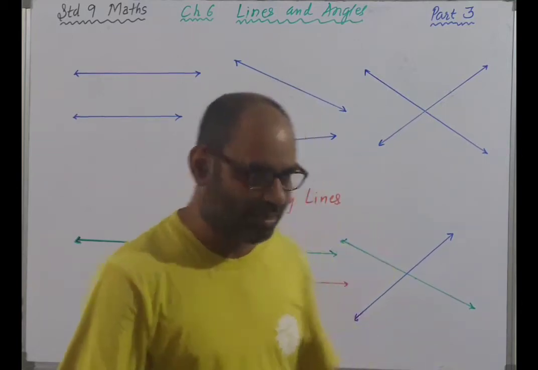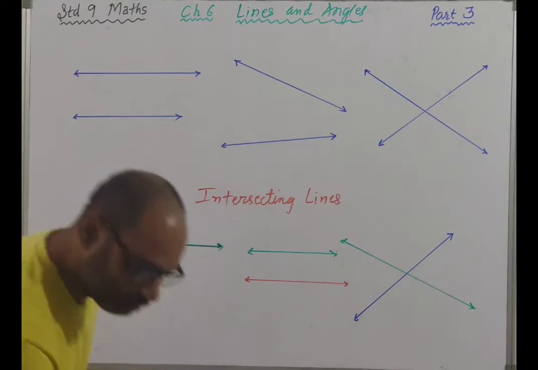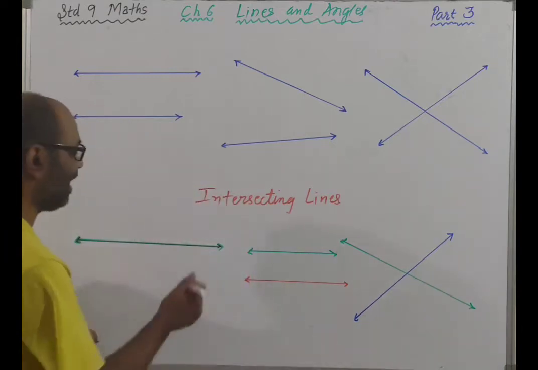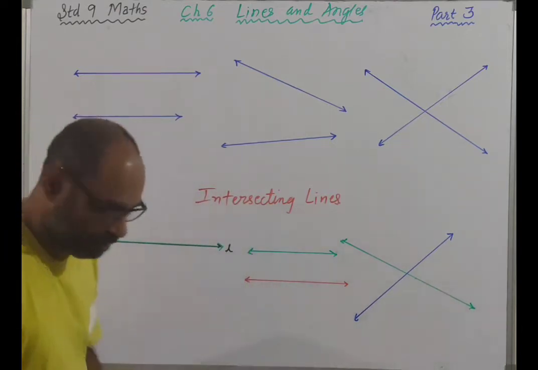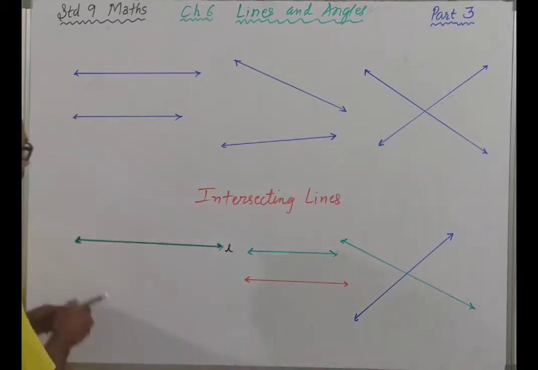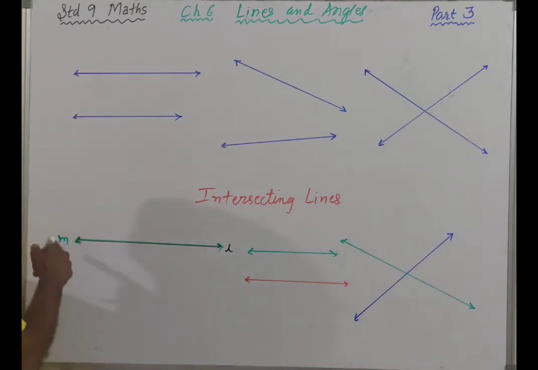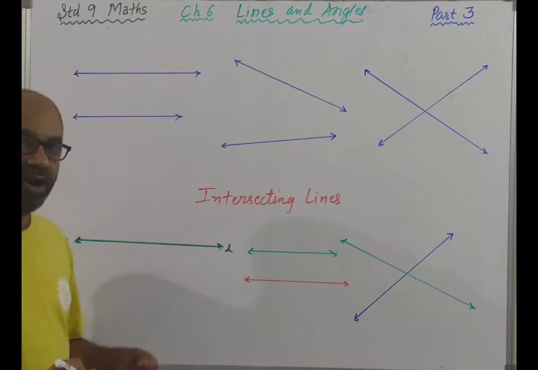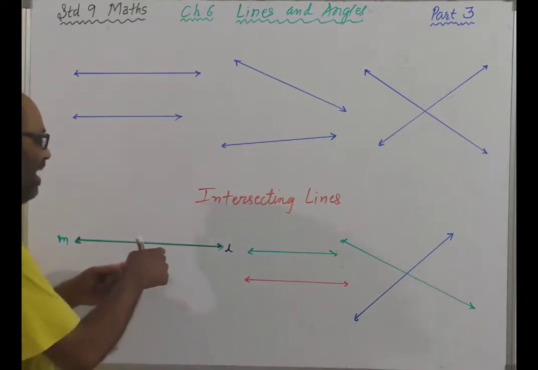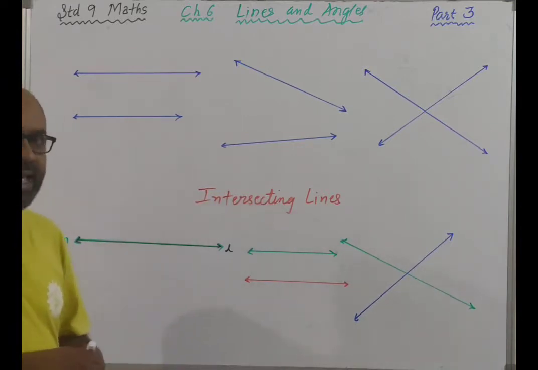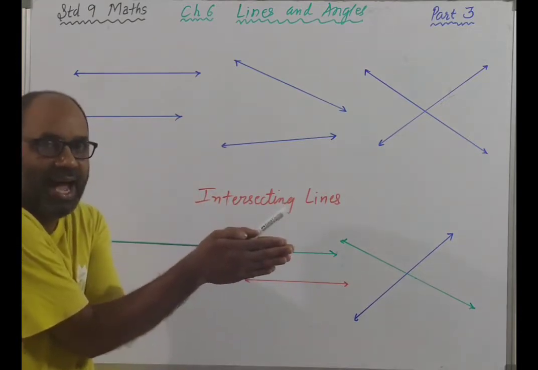Children, look at the diagram. Here, the black line L is given and the green line M is given. M I have written at left hand and L I have written on right hand. Black line and green line, they are coinciding lines.